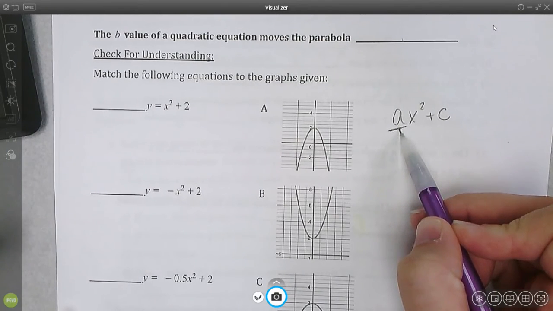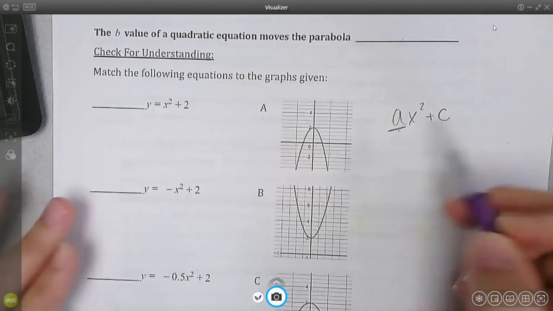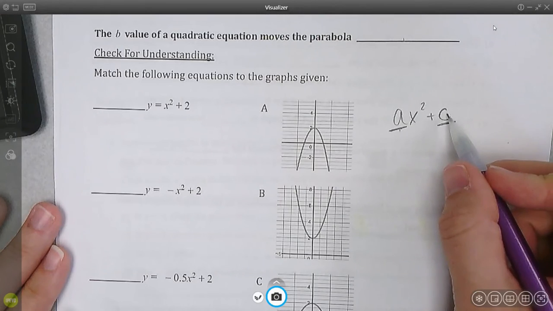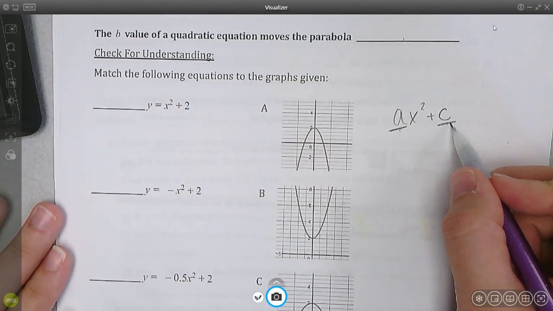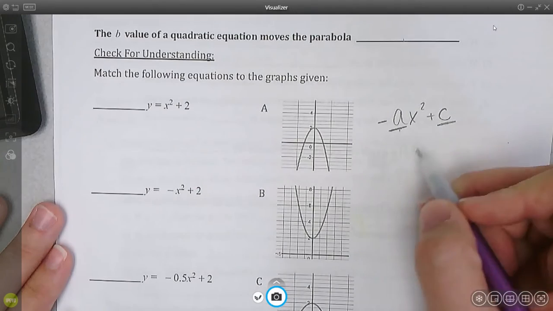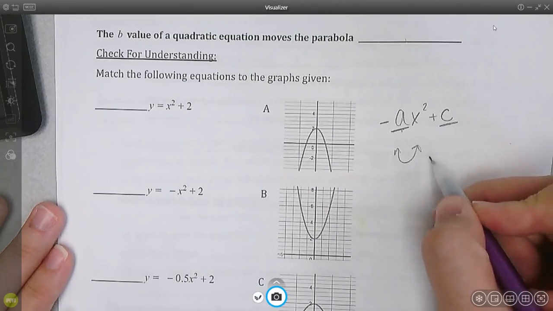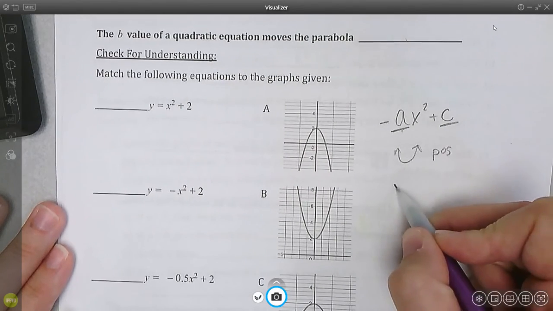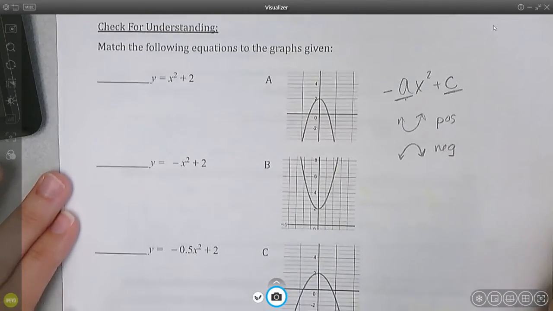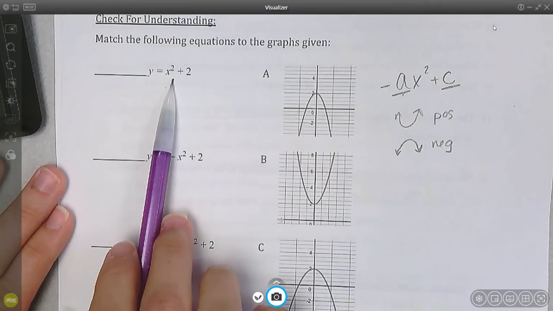And you knew that from something that you already did. This moves your graph up and down, and this is your y-intercept. And then if this is negative, instead of having a parabola that looks like this, so this is positive, it will look like this. So this is negative.